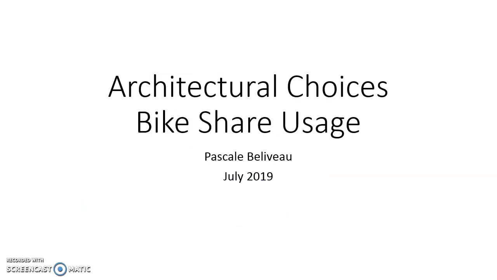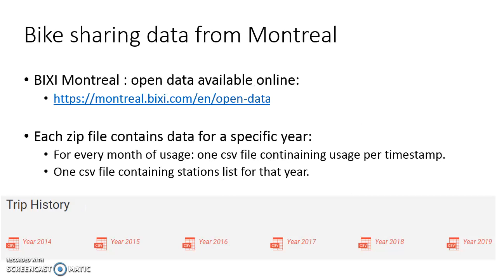And now for my data scientist coworkers, these are the architectural choices that were made. Big C has their open data available online at the following website, and there are zip files available on the website, and each one contains the following: a series of usage files, one usage file per month.